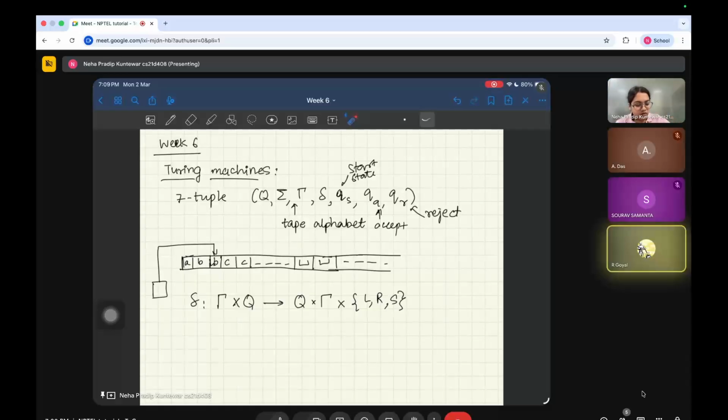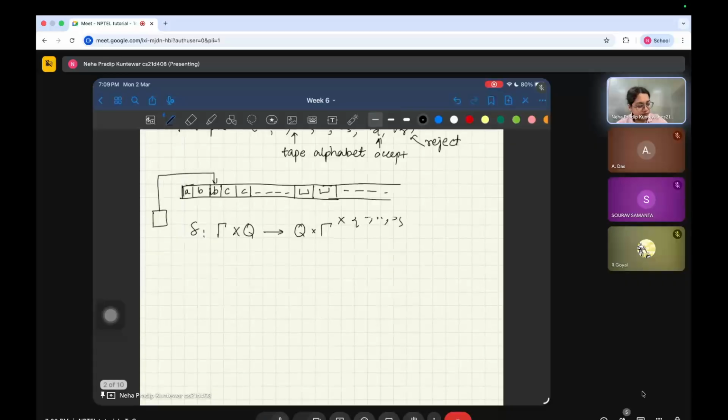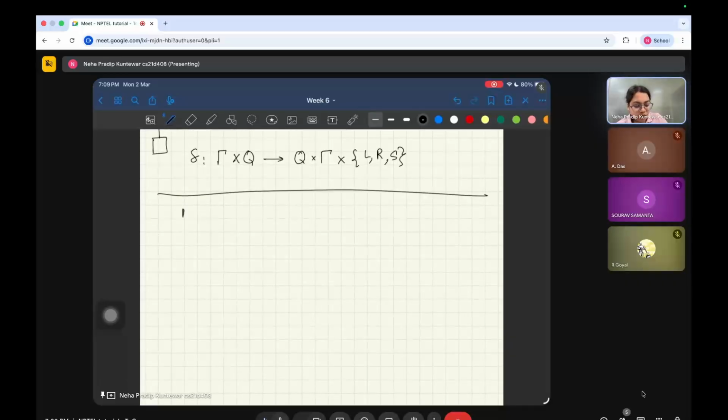How? Let's say that M1 is your machine where QA1 and QA2 are the final states, and I'm not writing the rest of the things. That means if you ever reach QA1 or QA2, you are always going to stay there and end up accepting.